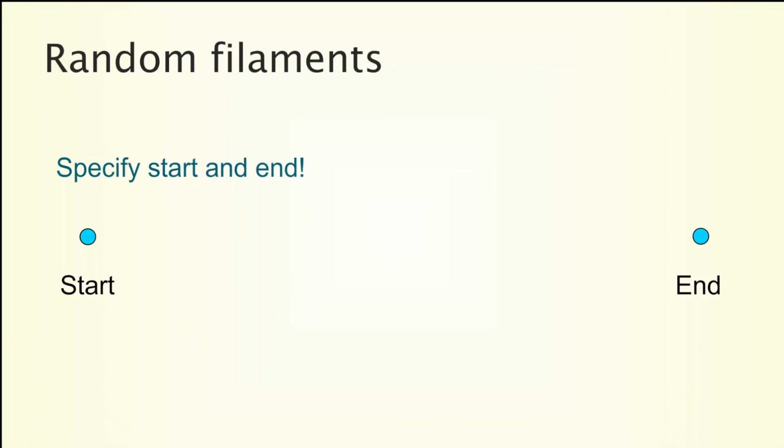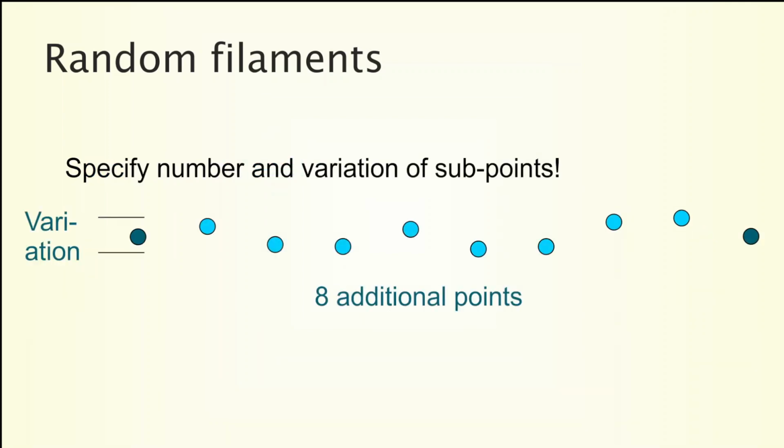I also want to show you a second, more elegant approach for defining somewhat longer threads. I have often used this approach in the form of a macro, allowing the integration of these threads into more complex structures. Here we first have to choose a starting and a final point for our thread. Then we have to select the number of sub-items and the range of variation perpendicular to the axis of starting and final point.